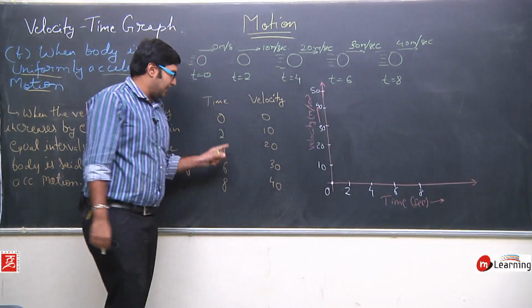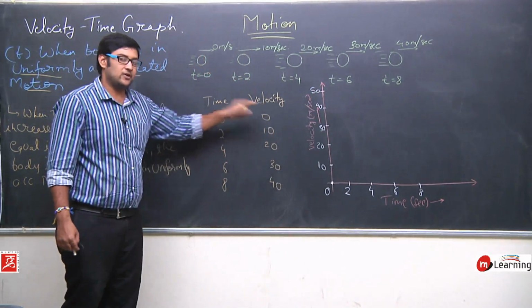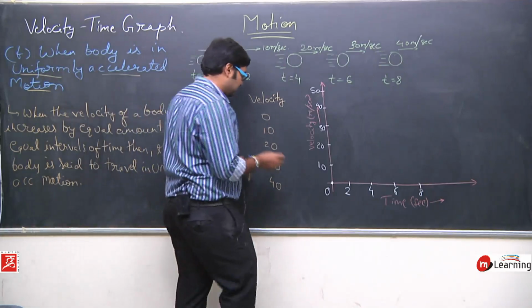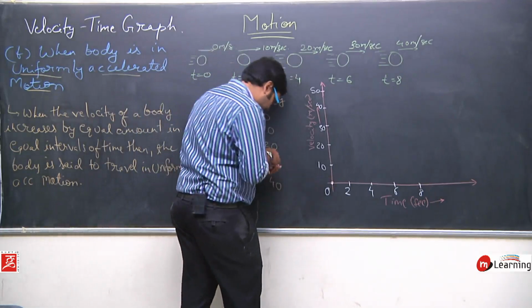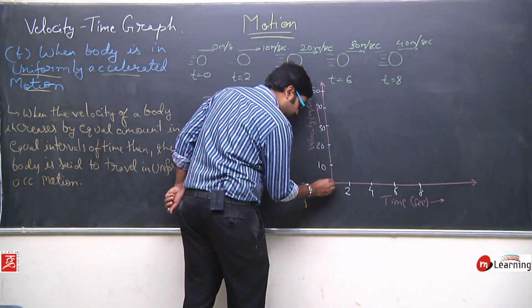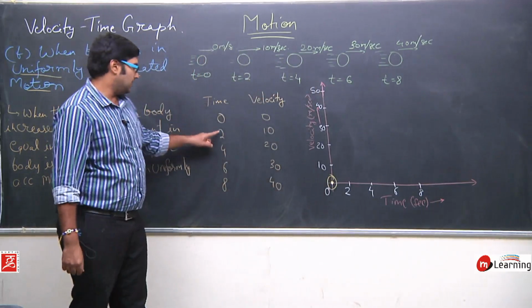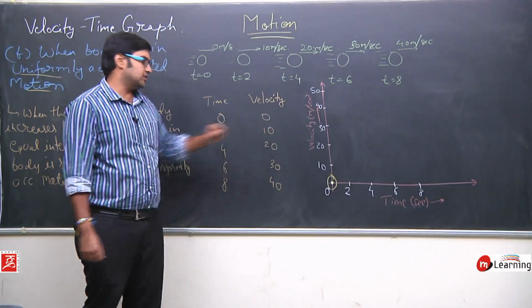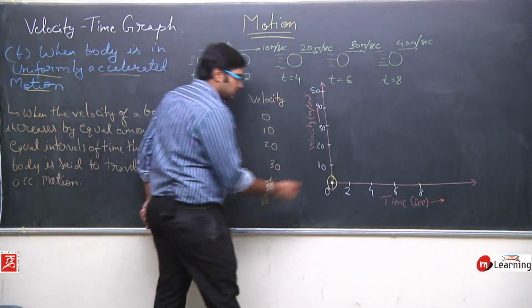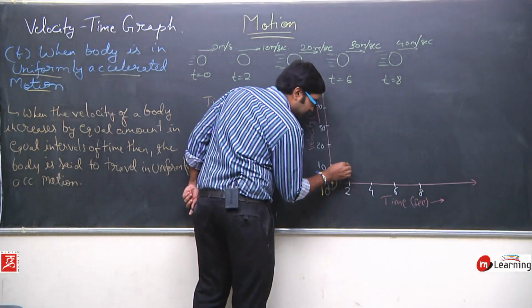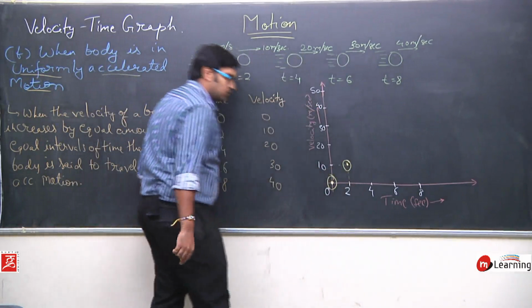Okay. At 0, the first time when I saw the ball, it was at rest, so this point will be the first point. Then at 2 seconds the speed is 10 meters per second, so if I join it like this, this is the position of the ball.